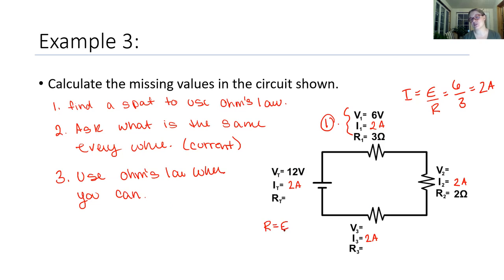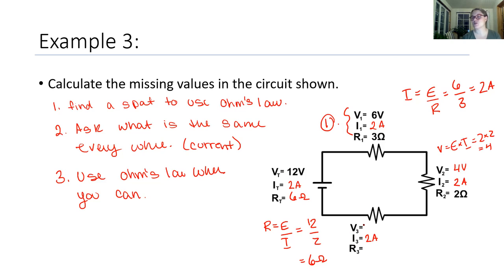Resistance is equal to voltage divided by current, which is 12 over 2, which is 6 ohms. Over here, we want to know what the voltage drop is. Voltage is equal to E times I, which is 2 times 2, which is 4. So we have 4 volts at this point.